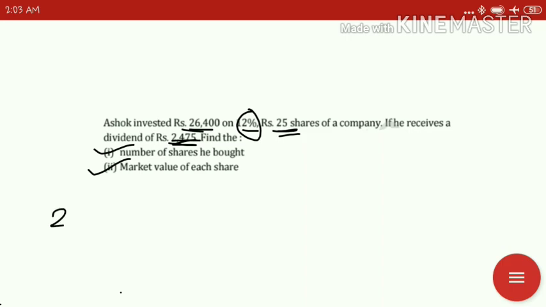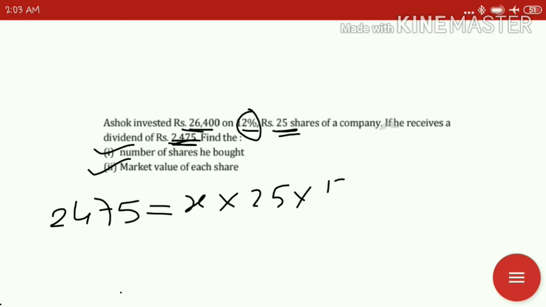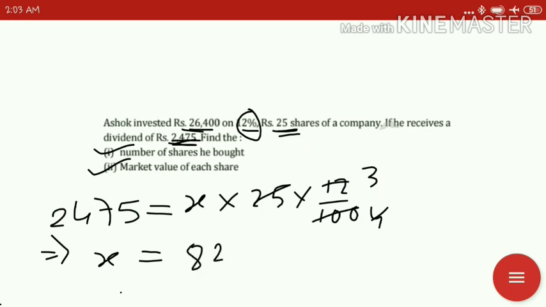Here we put the dividend 2475 equal to number of shares, which I'll take as x, into face value 25, and rate 12%, that is 12 by 100. If we calculate, you will get 3, and the value of x will be 2475 by 3, that means 825 shares he has bought.